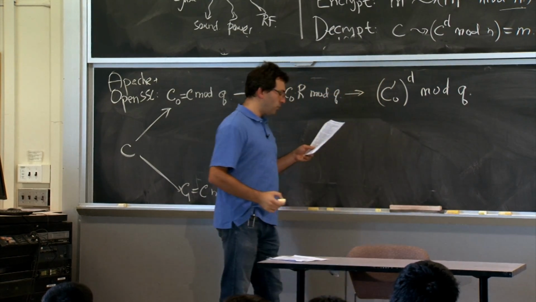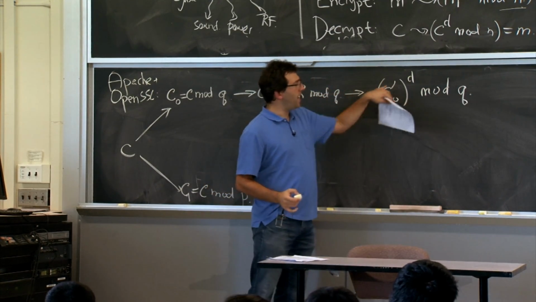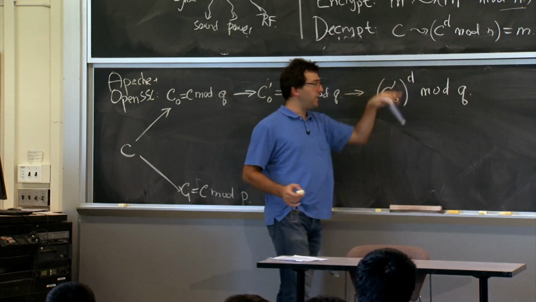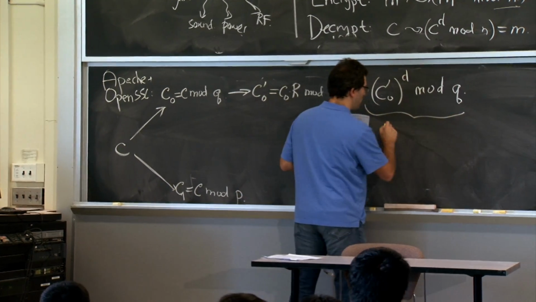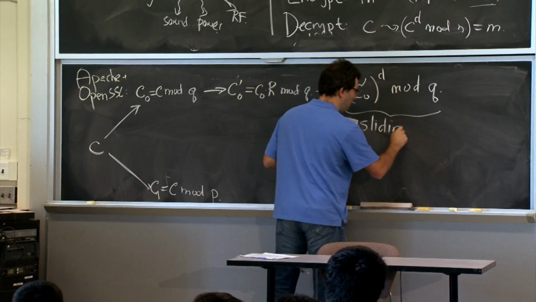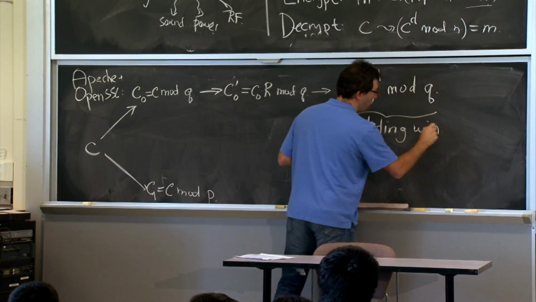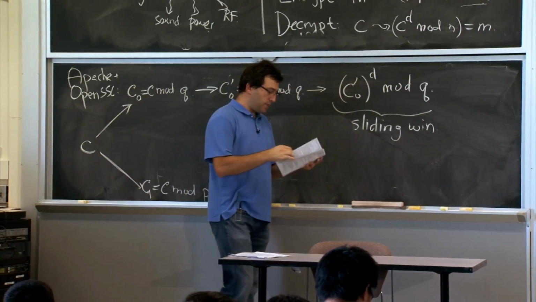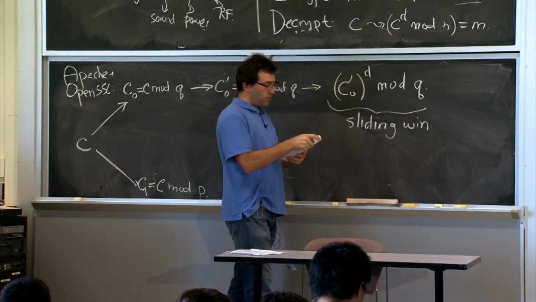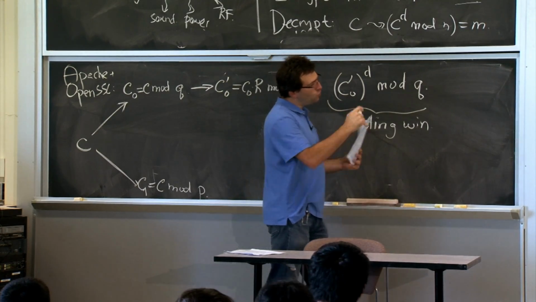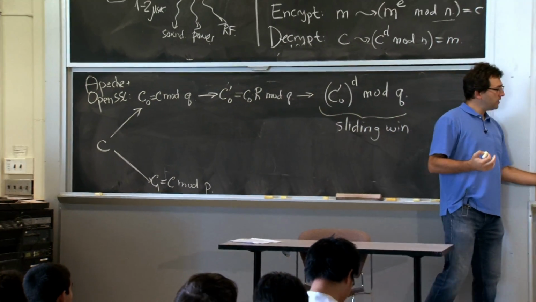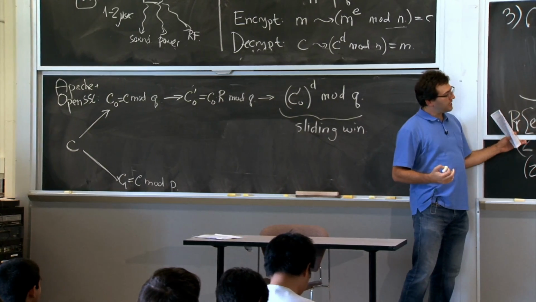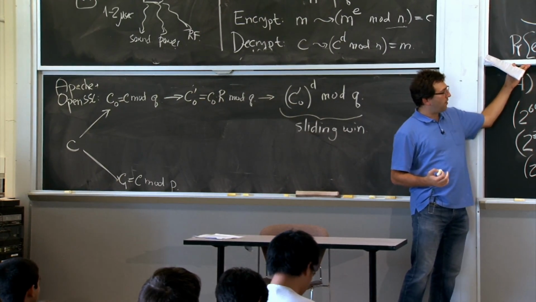And here, as we're computing this value to the D, we're going to be using sliding windows for the bits in this D exponent. And also, we're going to do Karatsuba or regular multiplication, depending on exactly what the sizes of our operands are.